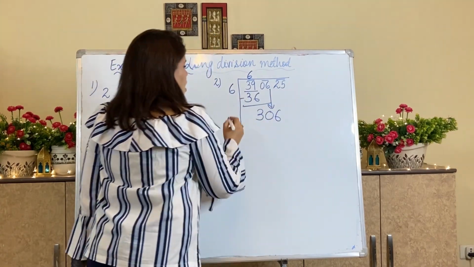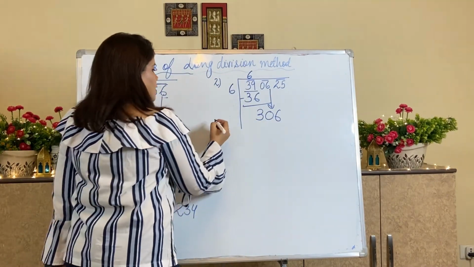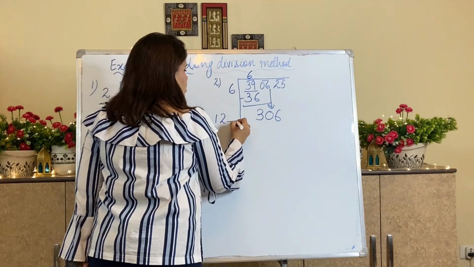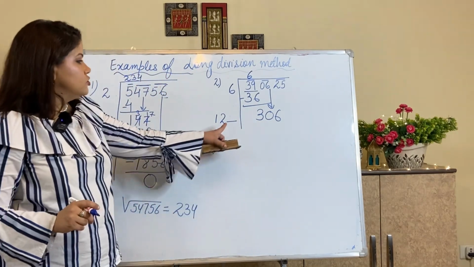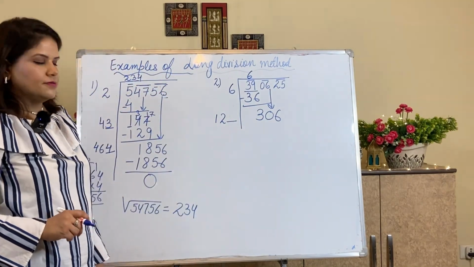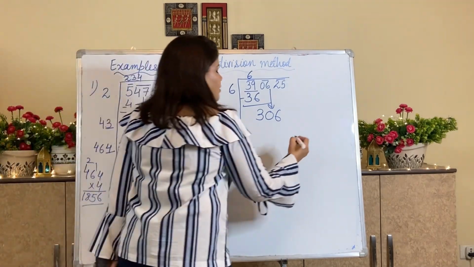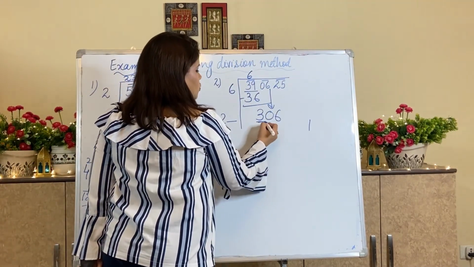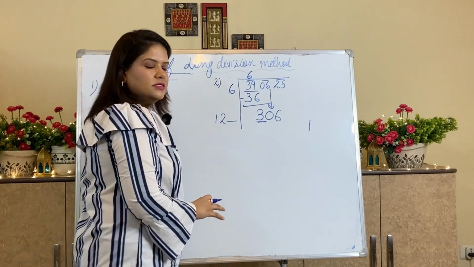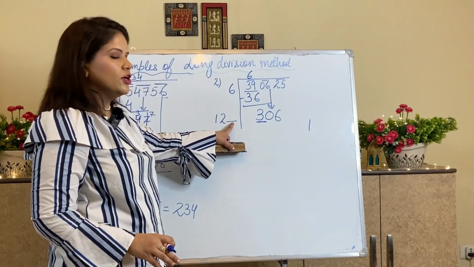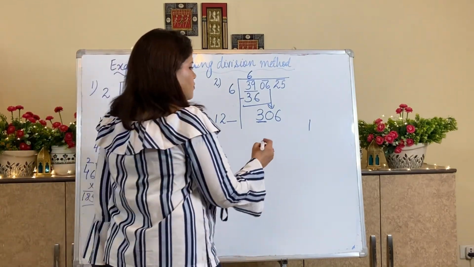Now I will take double of it, 12, and I will look for the number with which I should multiply this. Now 1, if it is having 3 here, that means I can only try 2 or 3 here maximum. Let me first try with 2.